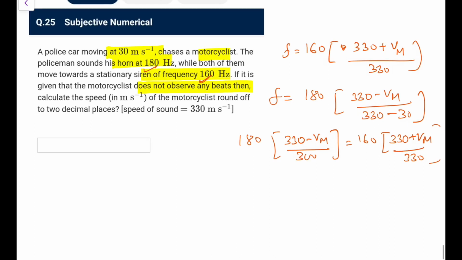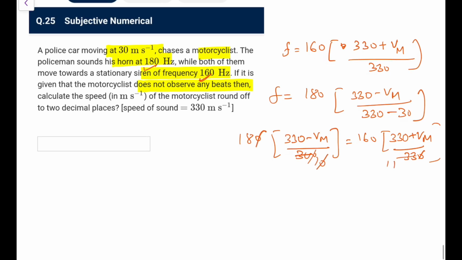So what we are left with, this 0 and 0 goes, so this is 11, this is 10 you can write, so this 0 also goes. So 330 minus Vm upon 330 plus Vm is 160 upon 18 into 11, that is 198. Okay, if I simplify 160 and 198, I can write 80 by 99.